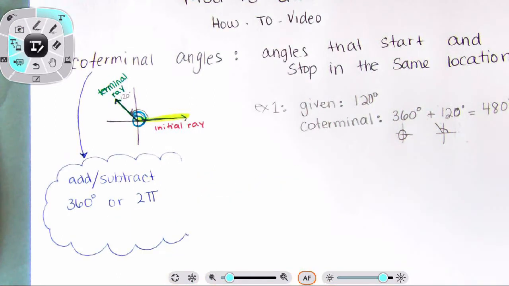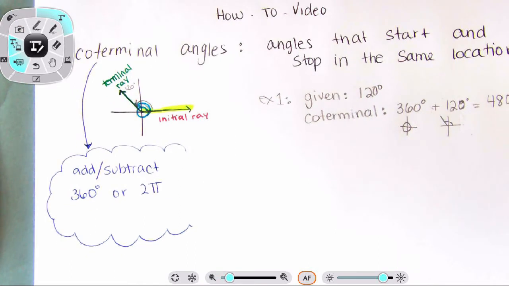So if they give you an angle that is in degrees, you're going to add or subtract 360. If they give you an angle that is in radians, then you're going to add or subtract 2 pi. Okay. That's coterminal angles.